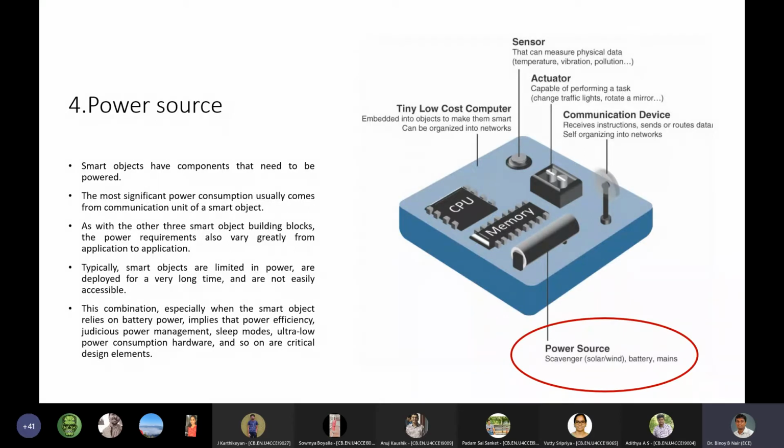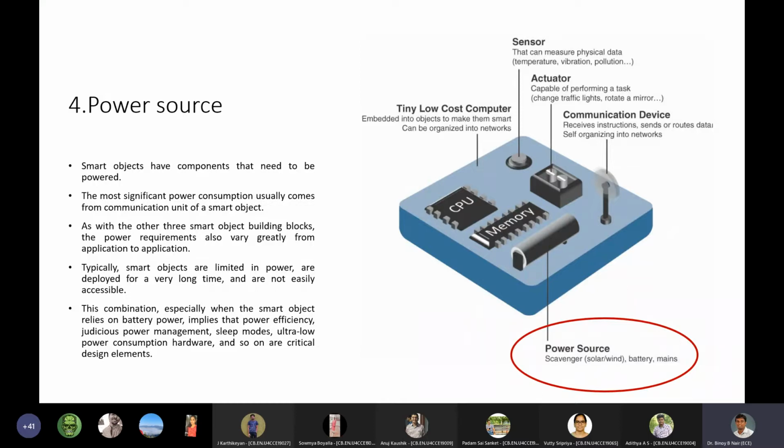On the other hand, if you have something like a weather monitoring station which is remote, which is located in the middle of a jungle, you do not have the luxury of having mains power supply there. So you will have to rely on things like solar, or maybe wind, or maybe battery alone, depending on circumstances, you may have to deal with.